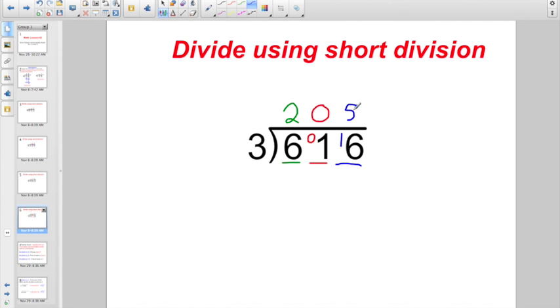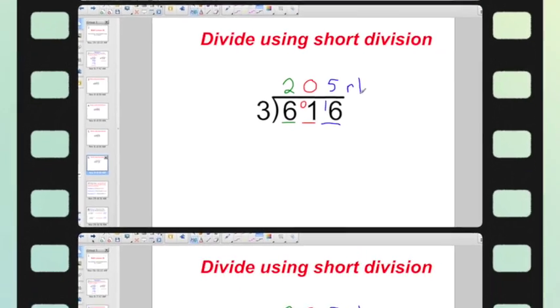Multiply this guy back in your head. 5 times 3 is 15. And subtract. 16 minus 15. That does give us 1 left over. This guy has a remainder of 1.